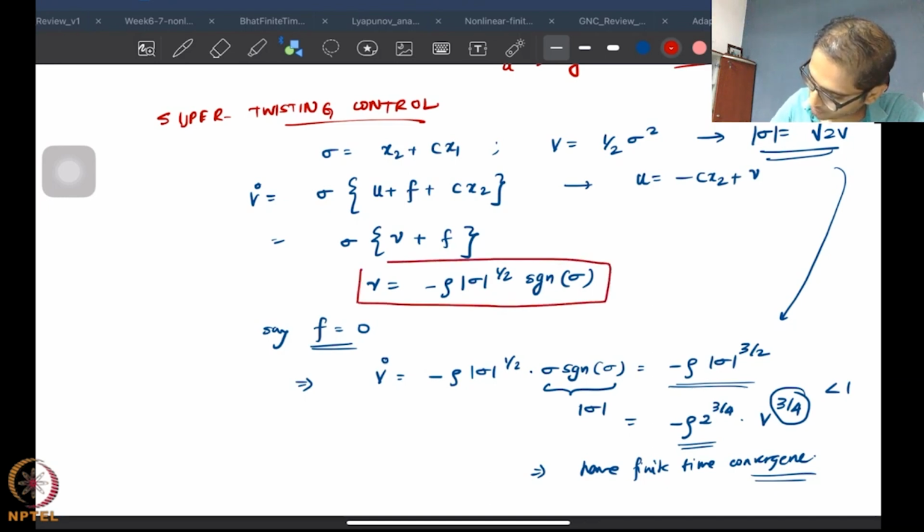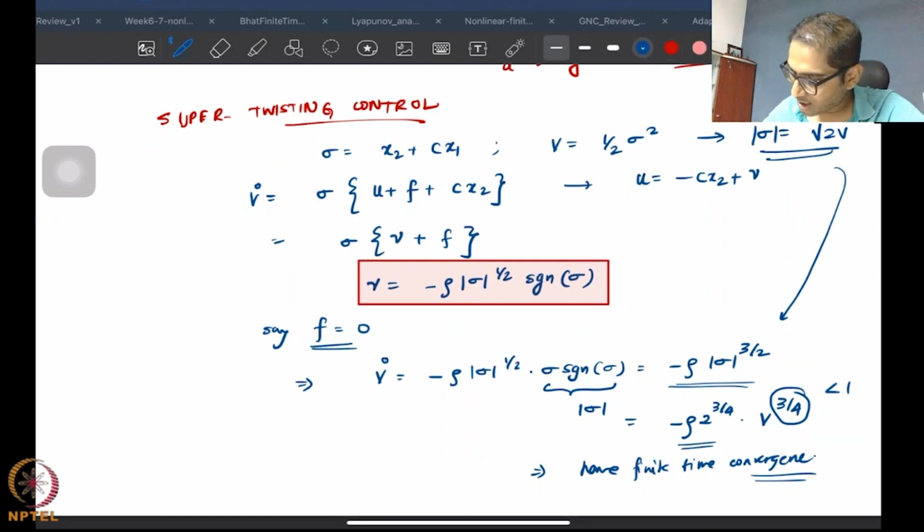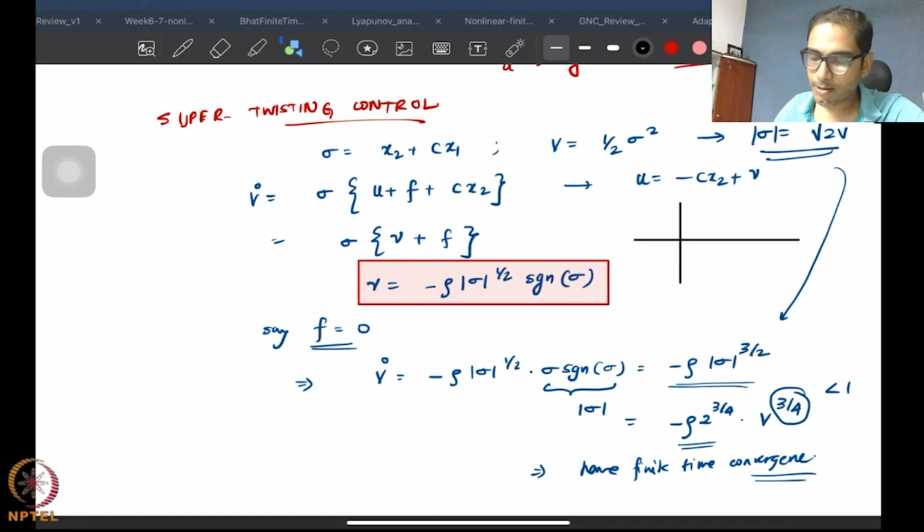Let's not worry about u, let's just look at v, because u is just a smooth term along with v. Now earlier the control was minus rho signum of sigma. So what was the earlier control going to look like? If I try to plot it, let me take a different color. The earlier control was depending on the sign of sigma.